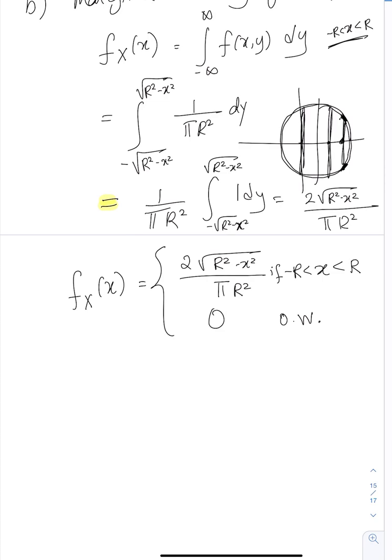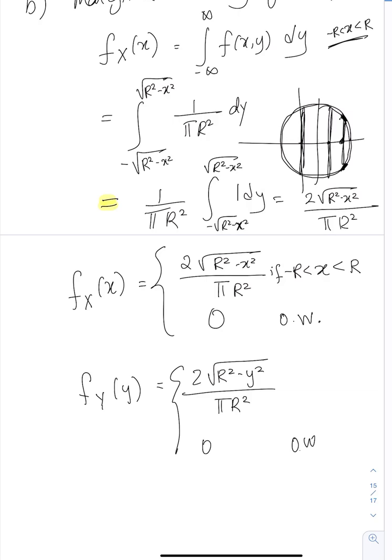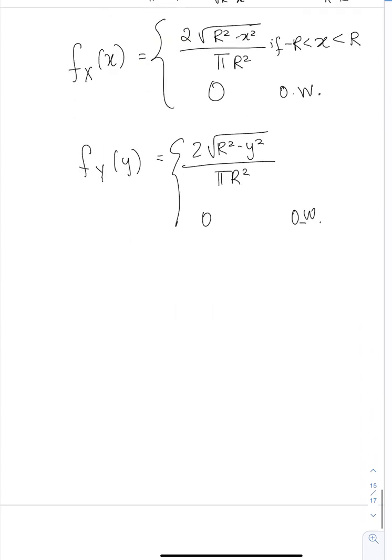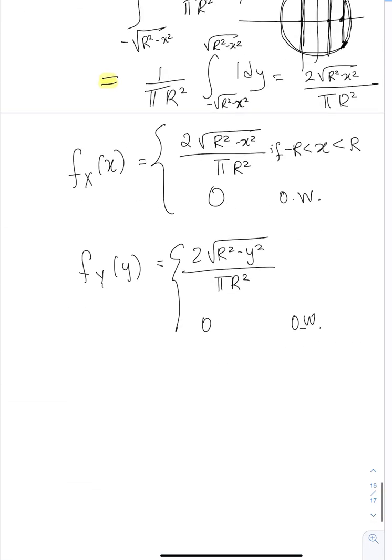And by symmetry, because it's a circle, the marginal density of the random variable y will be the same thing in terms of y. So that tells you what the densities of x and y are.